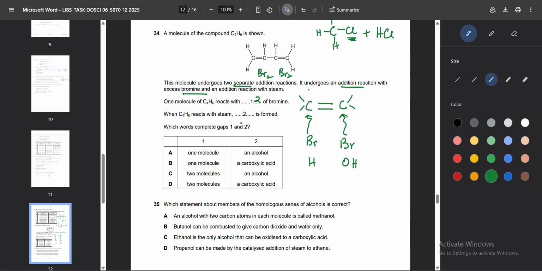Okay, so when C4H6 reacts with steam, the product is alcohol. So which option is the correct one? It's option C. Since there are two double bonds, they will react with two molecules of bromine, and when it reacts with water, the product is an alcohol.